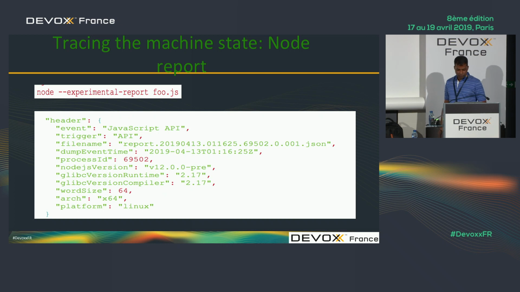Having said that, we have a new diagnostic report tool launched in Node version 11 onwards. It's very handy. How it works is you apply --experimental-report on your application and collect the report at whatever points of your interest by triggering a signal to the running application or calling an API from within your application at any point of your control flow, at any point of your interest.